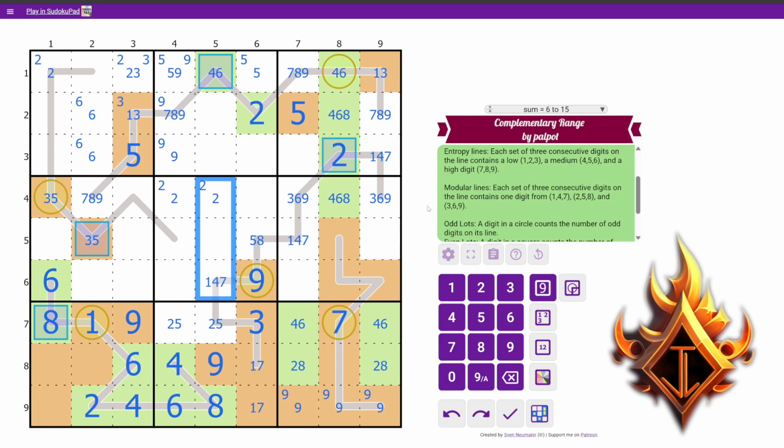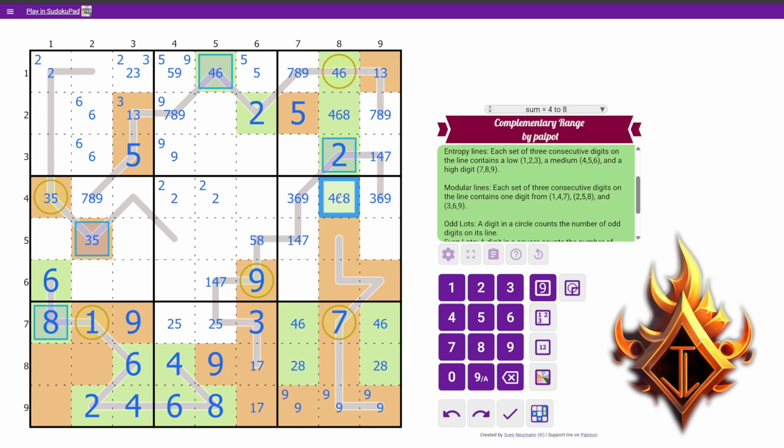That would be okay. 6 over here. Oh no, 6 can go there. Well, so much for that.